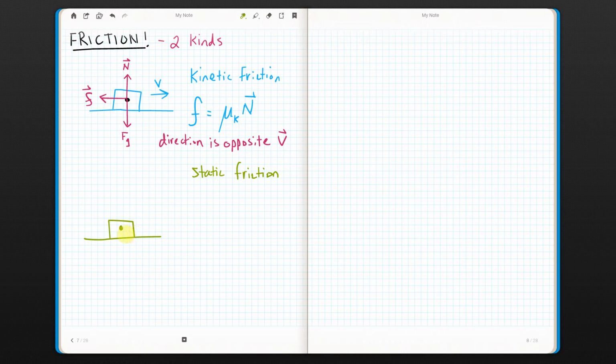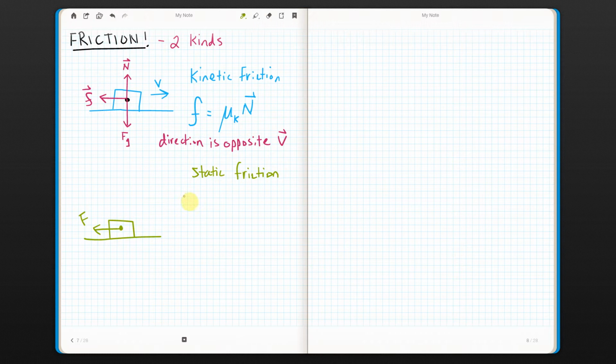I'm trying to push it that way, and it's not moving. It's like you're pushing it and it's not doing anything. So static friction is the friction you get that keeps things from moving.